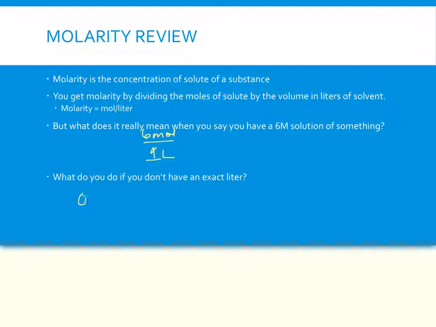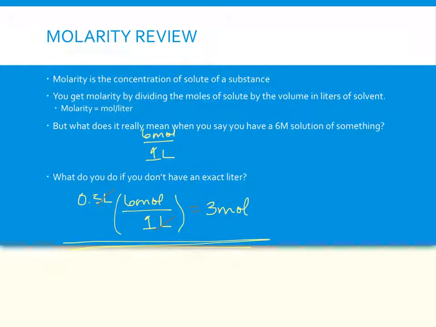If I have 0.5 liters of solution, and I know my concentration is 6 moles over 1 liter, alright, my liters cancel out, giving me 3 moles. Okay, I'd write this down because this setup is going to be important for our stoichiometry.